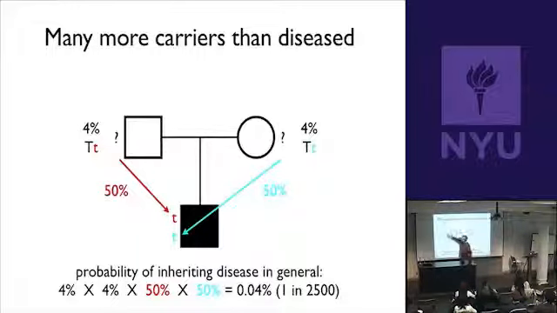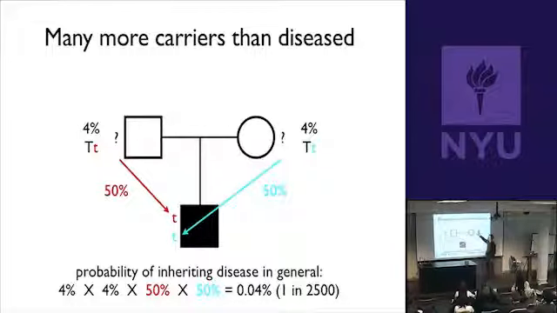Given that carrier frequency, we can estimate the probability, just in that population, of getting the disease. Not only do these 2 alleles have to be passed on to the child, that's the 1/4 probability, but there's also a 4% probability that this parent is a carrier and a 4% probability that this parent is a carrier.